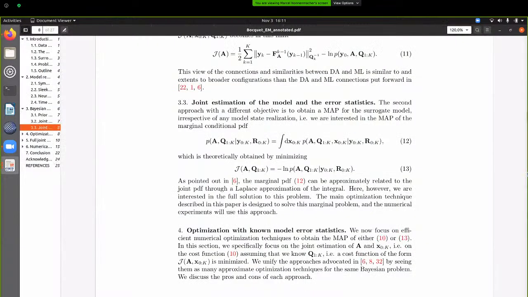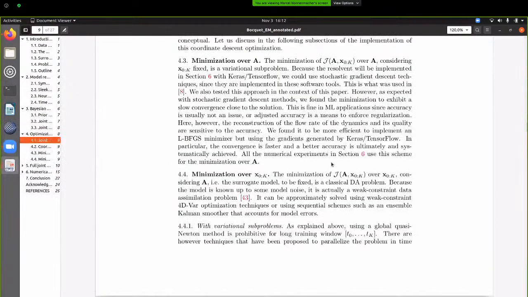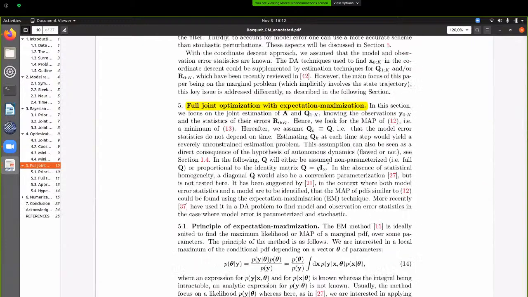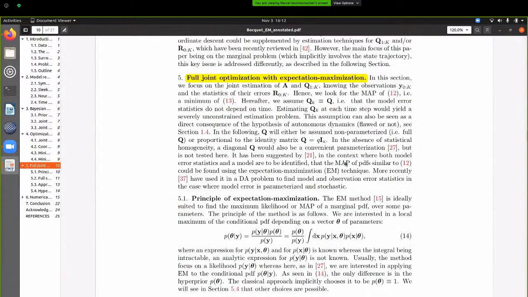These kind of standard considerations, like how do you actually optimize these things, especially if you have these integrals in there where, in this case, you want to integrate out all possible state sequences, which is actually intractable. So you use Monte Carlo estimates to approximate those integrals using samples. This is all fairly standard stuff. I'm quickly going to jump to the expectation maximization part.